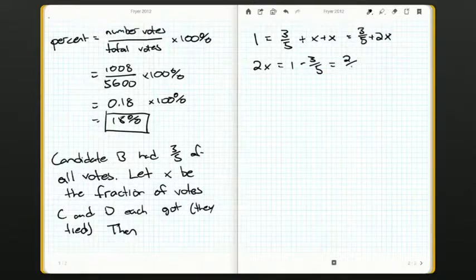So we do a little manipulation and we see that 2 times x is going to be 2/5. So x is 1/5.